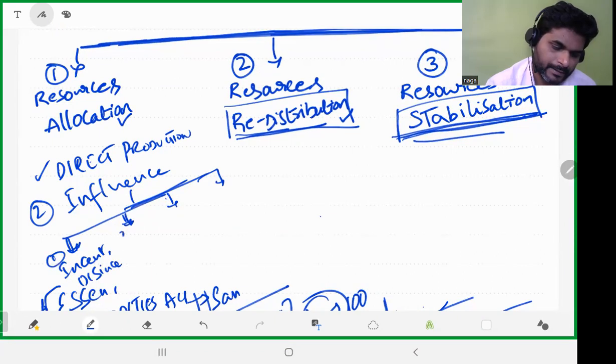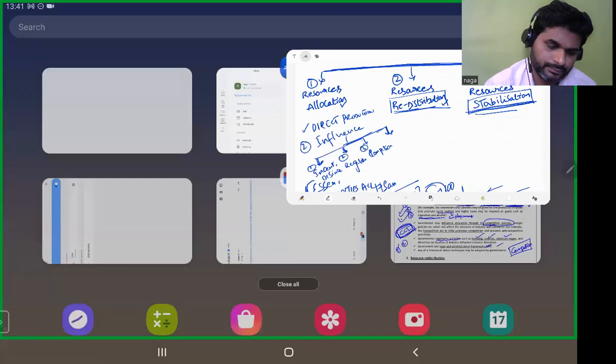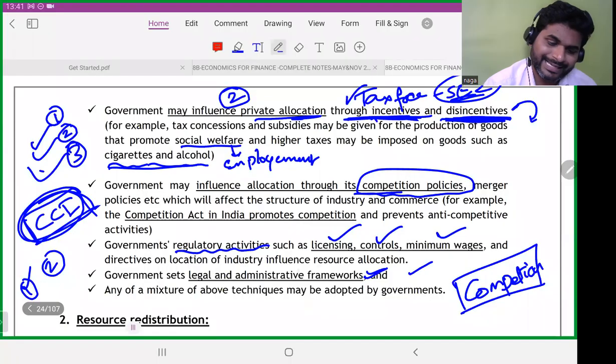Second, put regulations. Third, restrictions, like competition restrictions. And fourth, licensing.